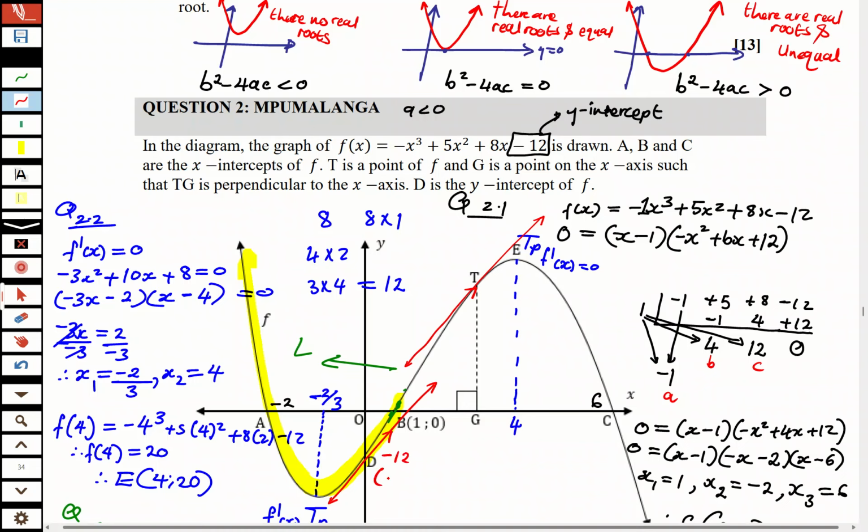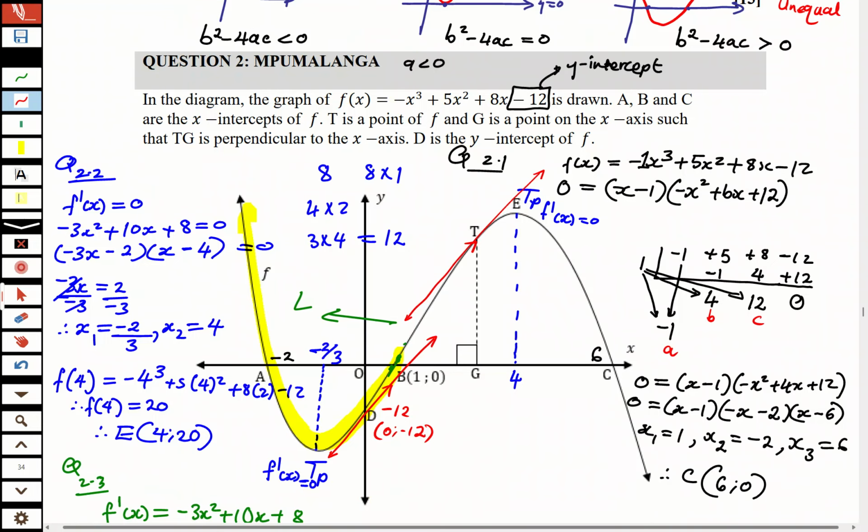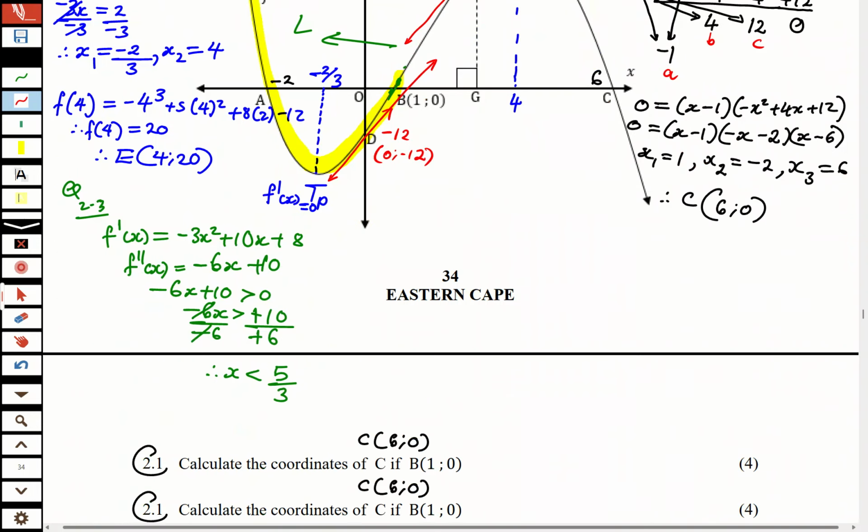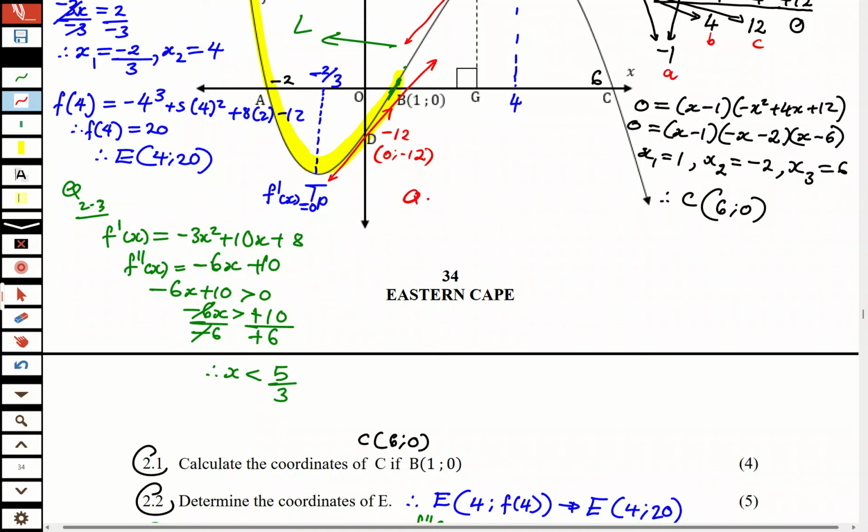If you are to write the coordinates, this is 0 and negative 12. So now let's find the gradient at D, since we don't know much about T, guys. This is question 2.4.